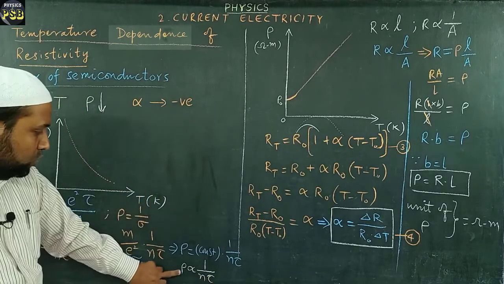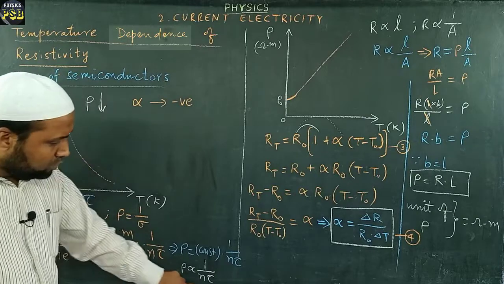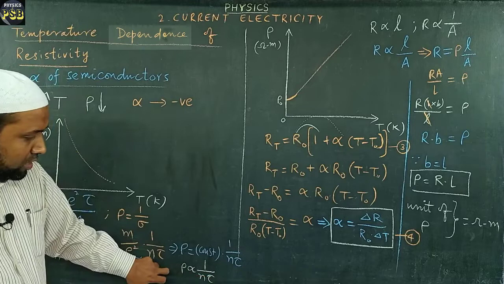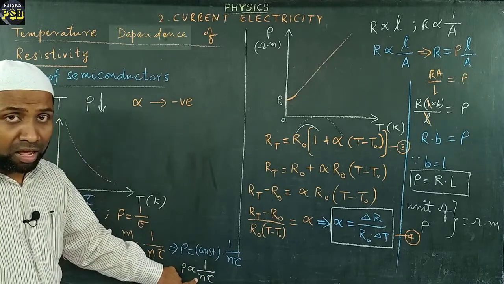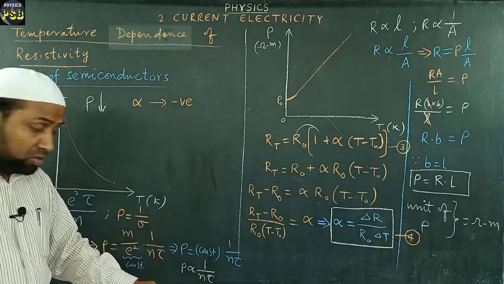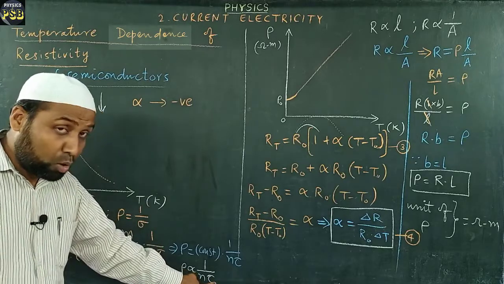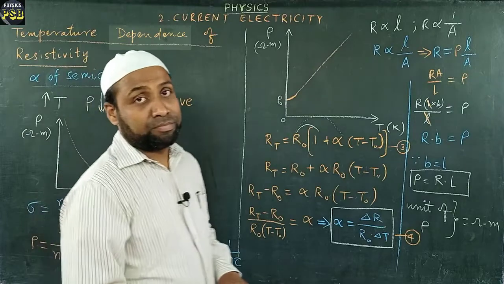This shows that rho is inversely proportional to n and also inversely proportional to tau. So rho will decrease when n increases, and also rho decreases when tau increases. This is what it means.